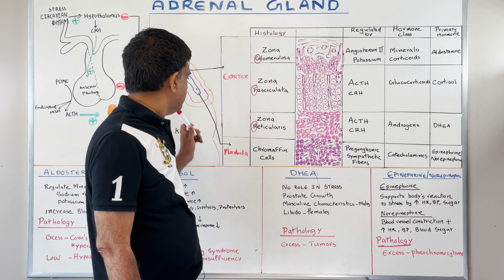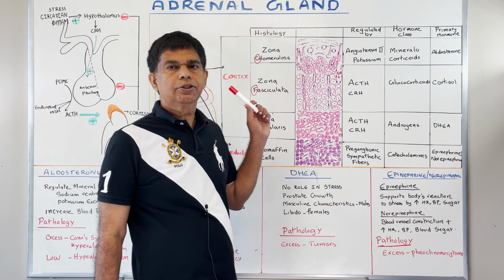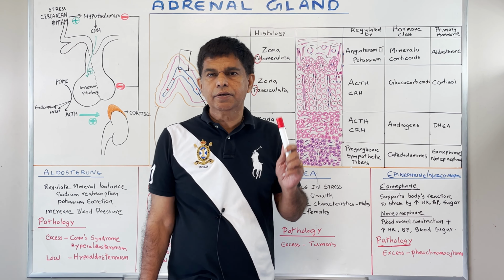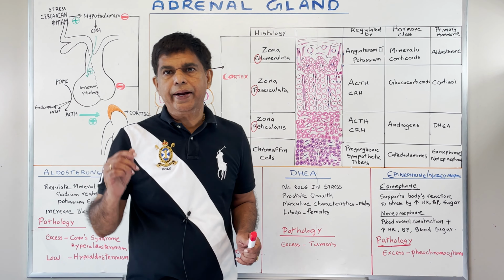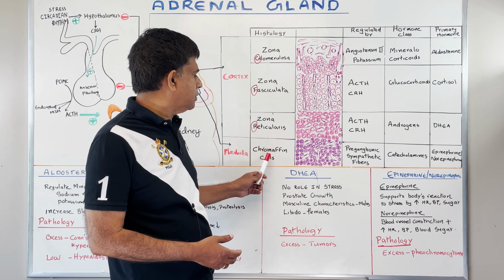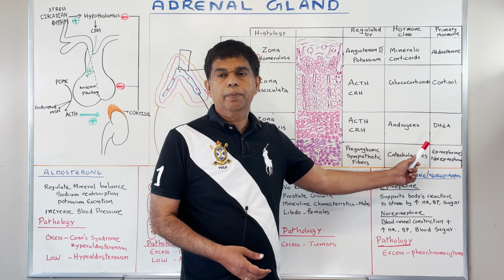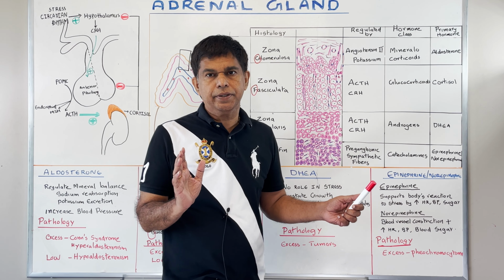Now, one thing you have to know is the medulla. The medulla is secreted by nerve fibers coming from the brain, going to the spinal cord, sympathetic fibers, and they connect to the chromaffin cells, which produce epinephrine and norepinephrine. So it's a little bit different.